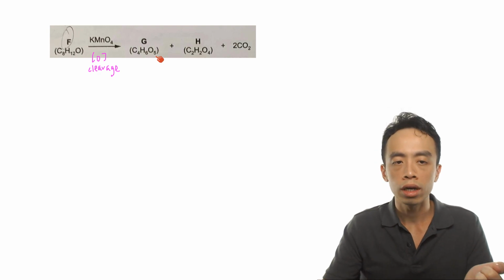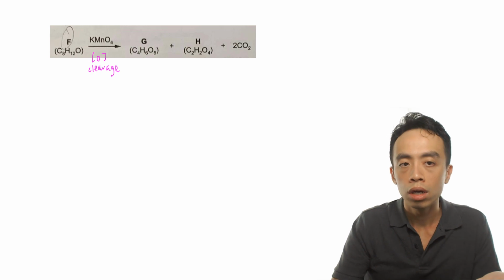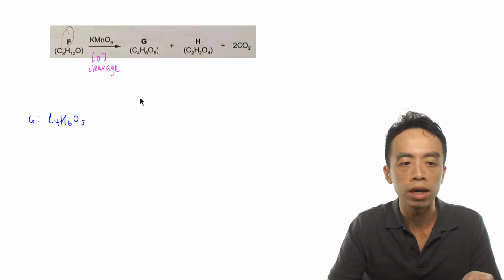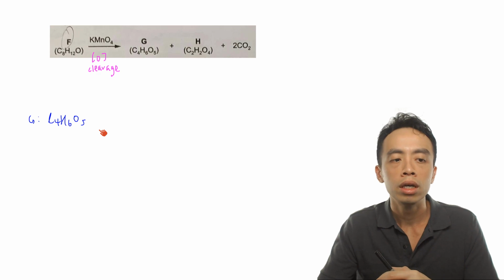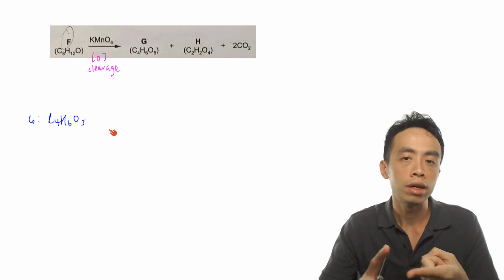If I look at the products for G, which is C4H6O5, let me write this down first. G has C4H6O5. What are some of the functional groups that can be present in G? If I have so many oxygens, then most likely I'll have an acid functional group.